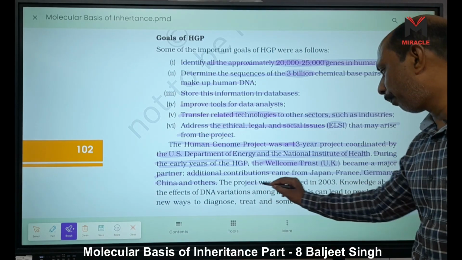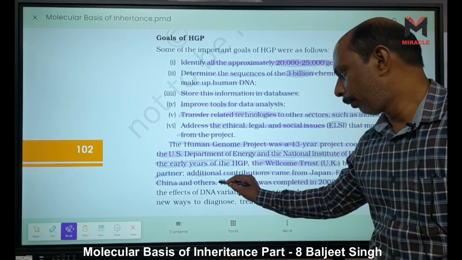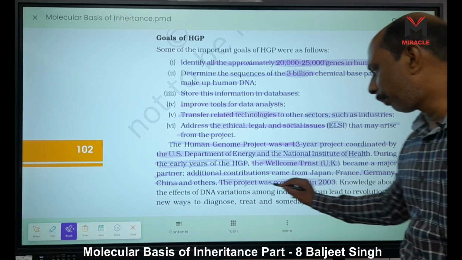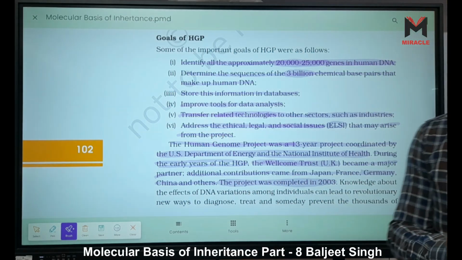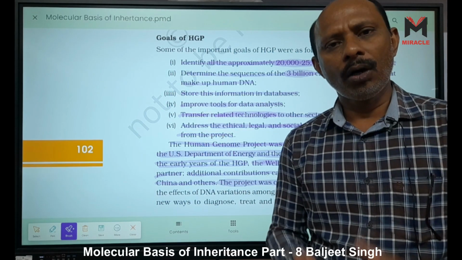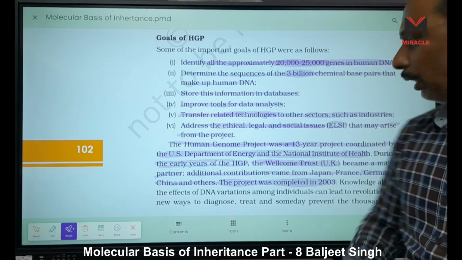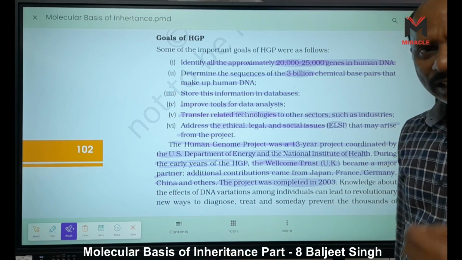The project was completed in 2003 because it is a 13-year project. Actually, it was not completed in 2003. On paper, it is completed in 2003 because it is a 13-year project, but actually it was completed in 2006.